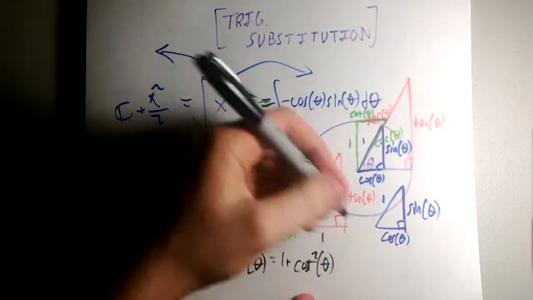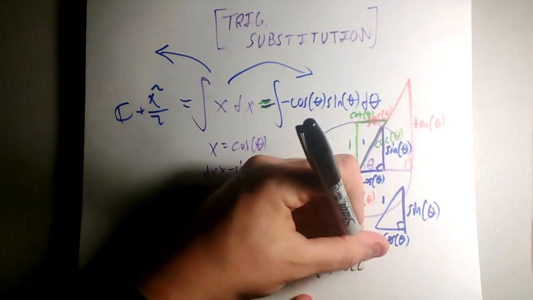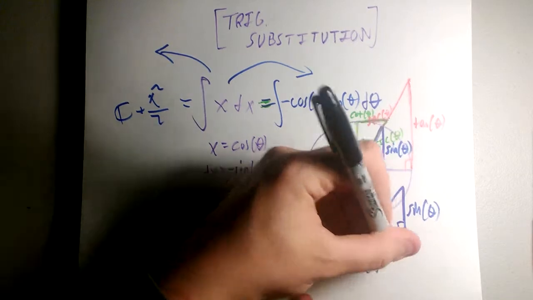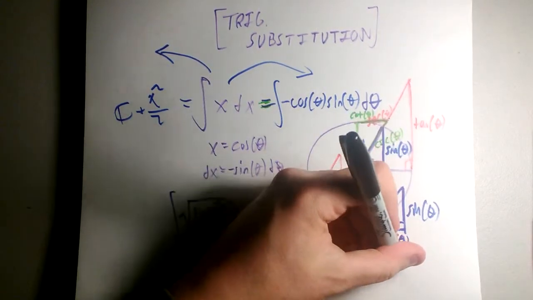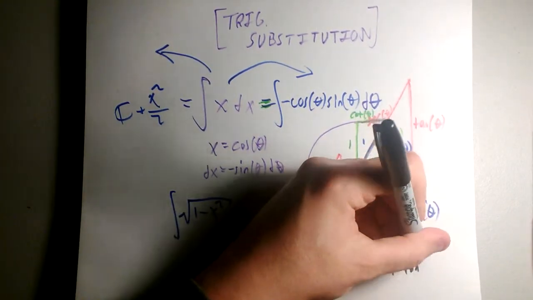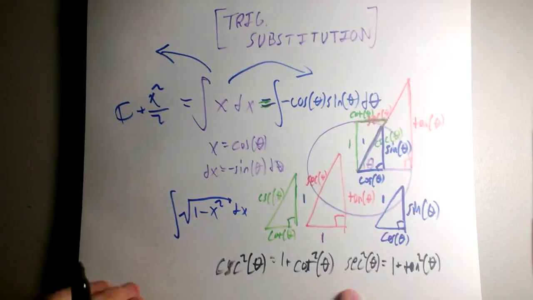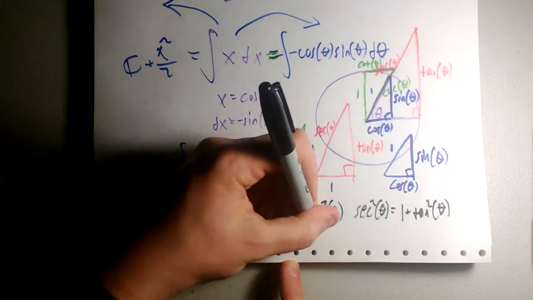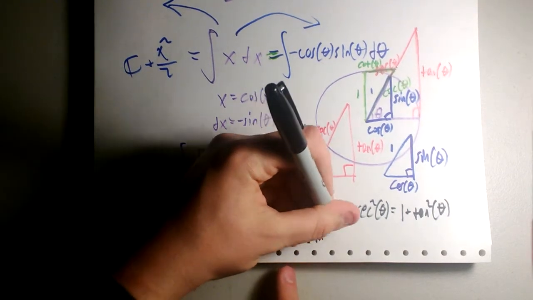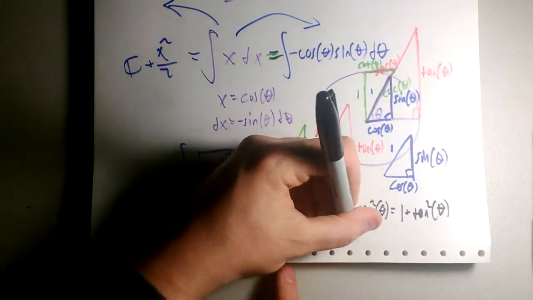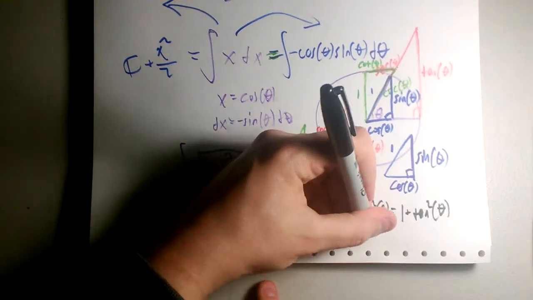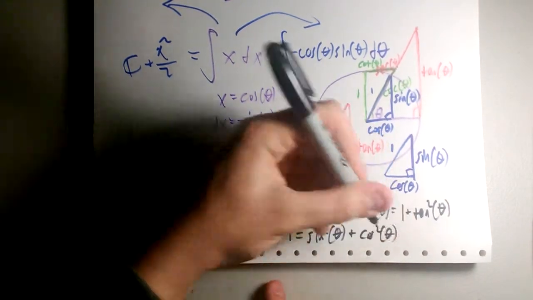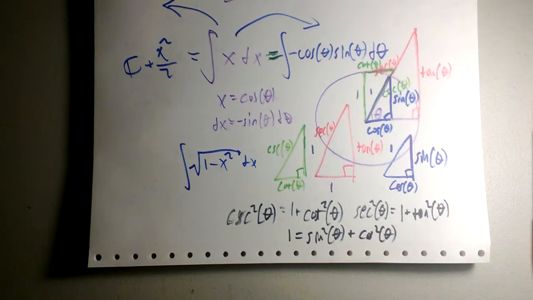All right, secant squared theta is equal to, this one you've seen a lot, 1 plus tangent squared theta. It's quite useful to use, but it really comes out of this guy, which is 1 equals sine squared theta plus cosine squared theta. I did that kind of backwards. I wanted to do cosine first, but you get it.